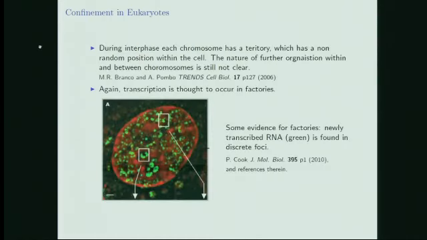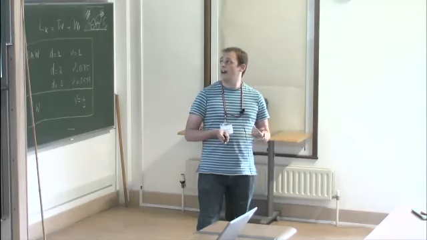For example, during interphase, each chromosome has its own territory with a non-random position within the cell, and the nature of further organization within those territories and also between the chromosomes is still a focus of a lot of research. Again, there's some evidence that transcription occurs in factories.